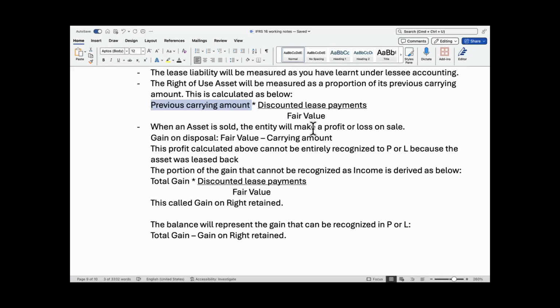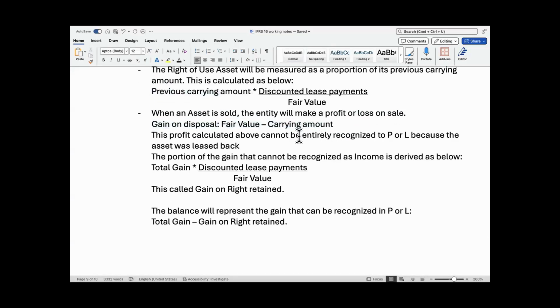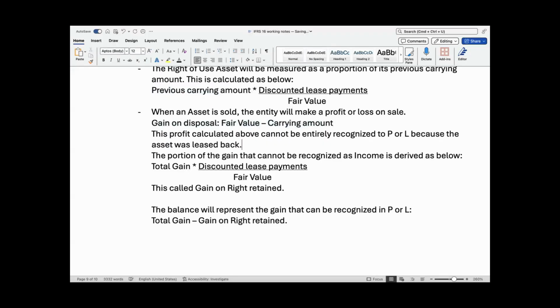So when an asset is sold, usually there will be a profit or loss on sale, which is computed as fair value minus carrying amount. Now, we cannot recognize this entire profit to P&L as income because the asset was leased back. So you cannot say that you have earned the entire gain on that sale because you leased back the assets.